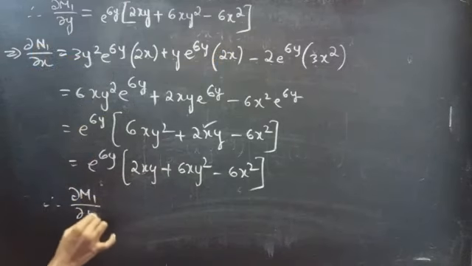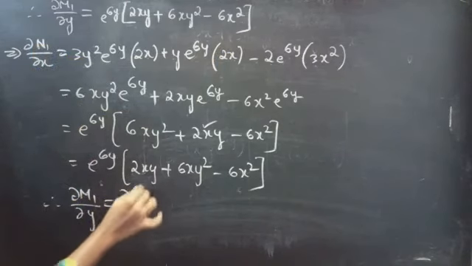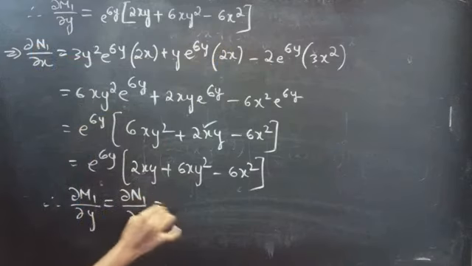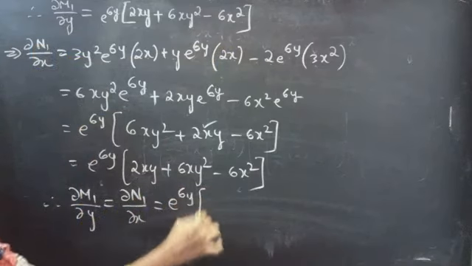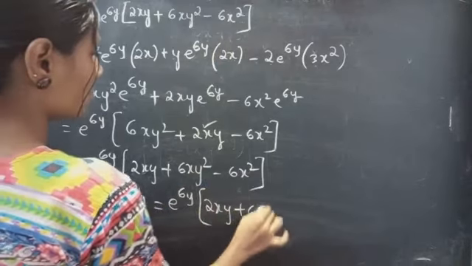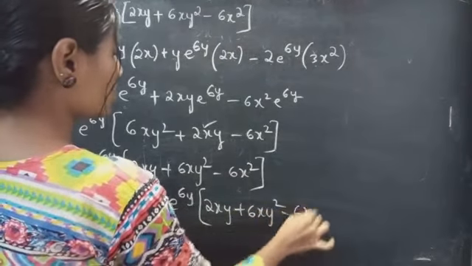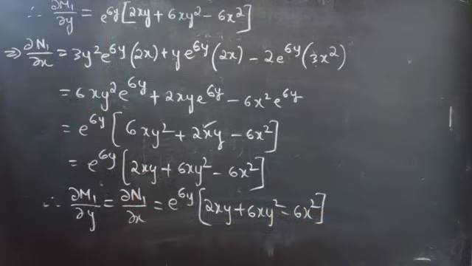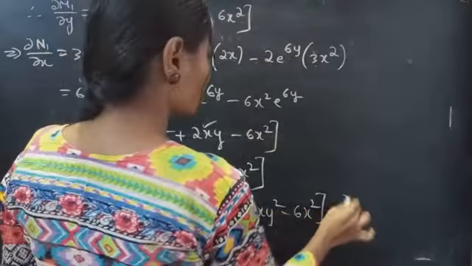the partial derivative of m1 with respect to y is equal to the partial derivative of n1 with respect to x, which equals e power 6y times 2xy plus 6xy square minus 6x square. Right. From this we can say that equation 2 is exact.